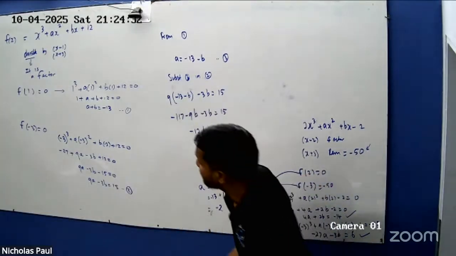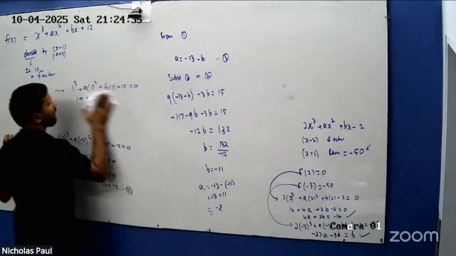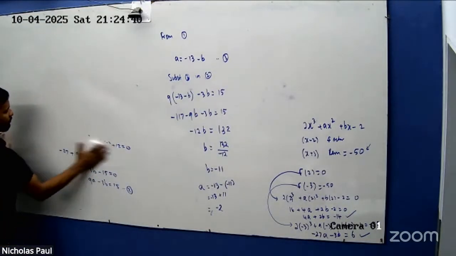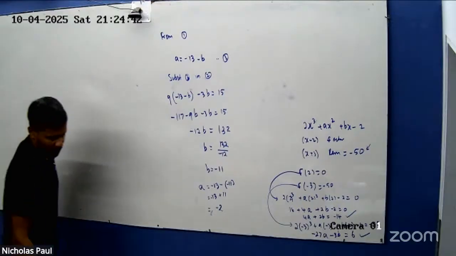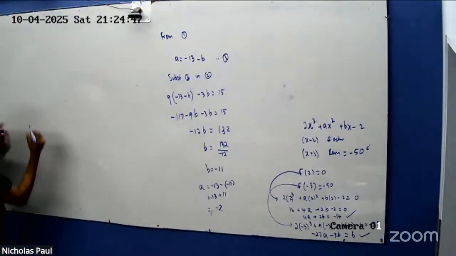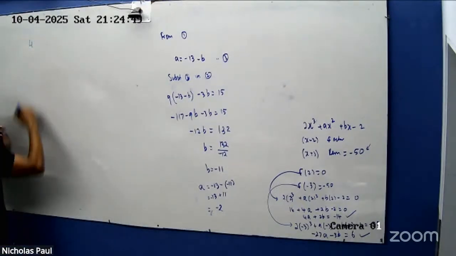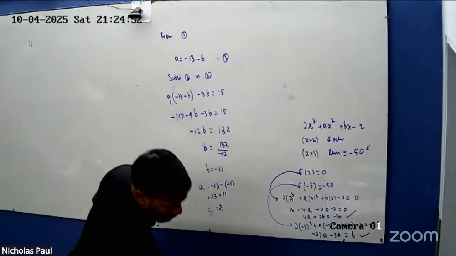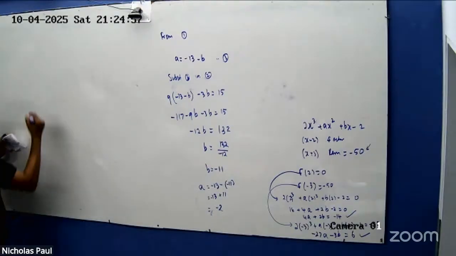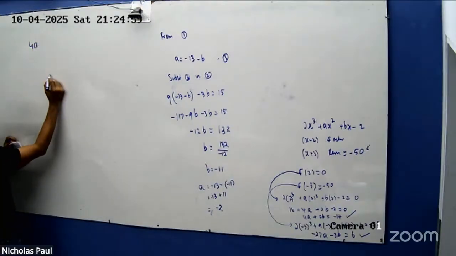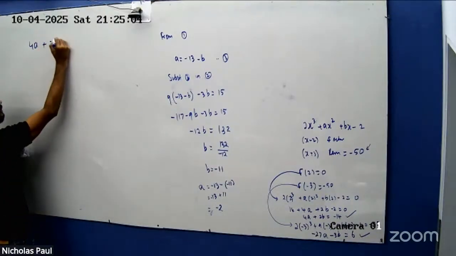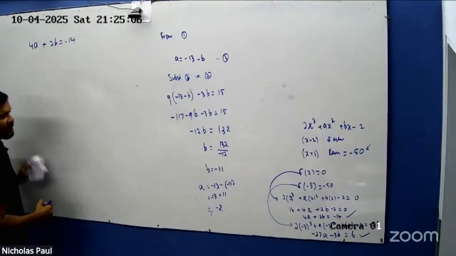All right, let's see how you all solved it. Start solving it. Right, as we said, we got 4a plus 2b is negative 14.